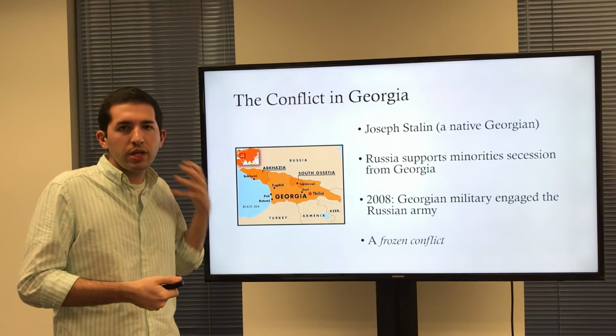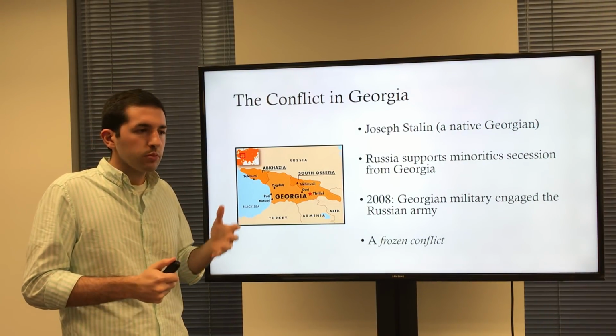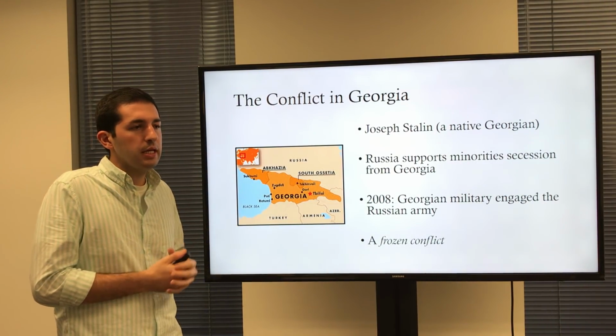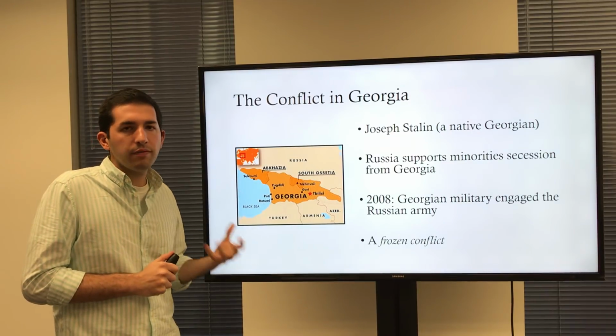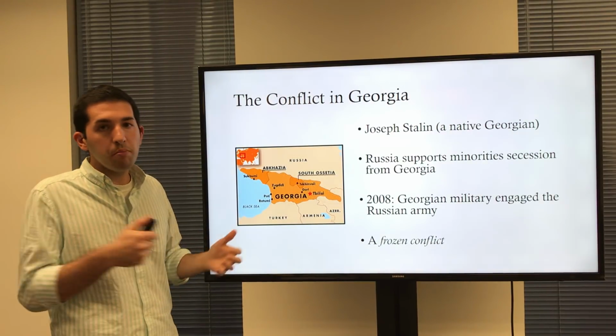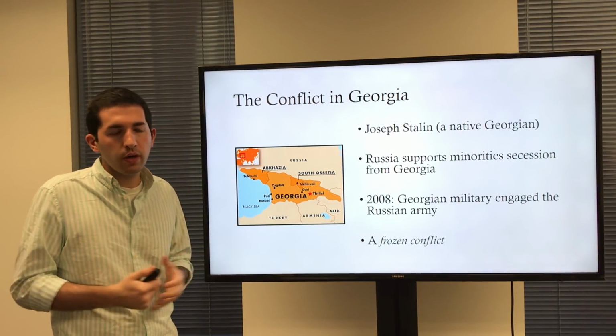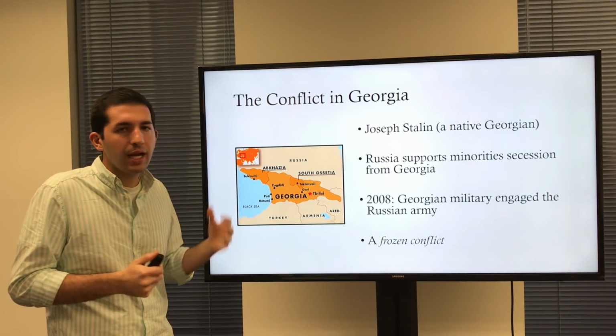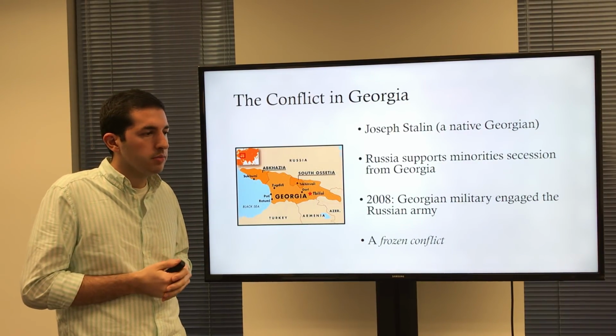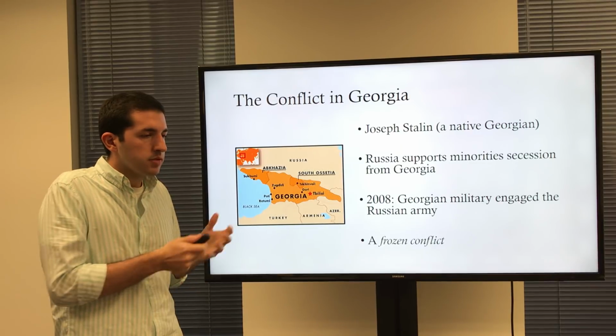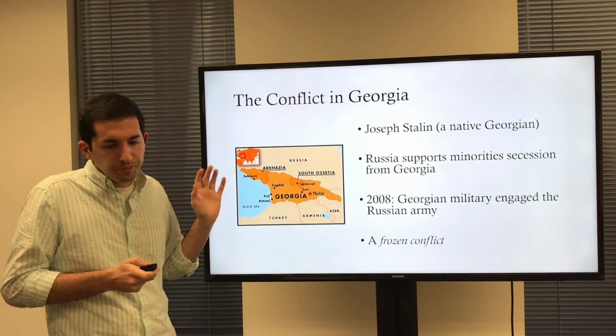Even though this region is transitioning from the developing world and trying to make that next step, these conflicts continually pull them back away from why they can't really join the EU, why they can't really become that player in Europe, certainly because they're being dragged back because of some of these conflicts that take place.